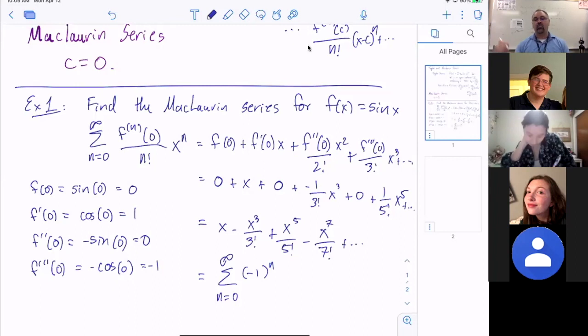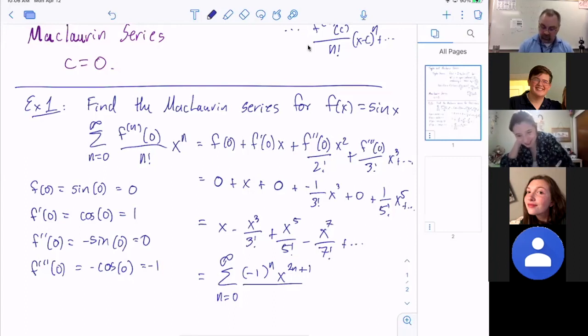I've got odd numbers as the exponents for x, so I know I've got x to the 2n plus 1 as my exponent, and I've got the same odd numbers as the denominators, but factorialized. So let's just say 2n plus 1 factorial. And there it is. That's the Maclaurin series for sine.